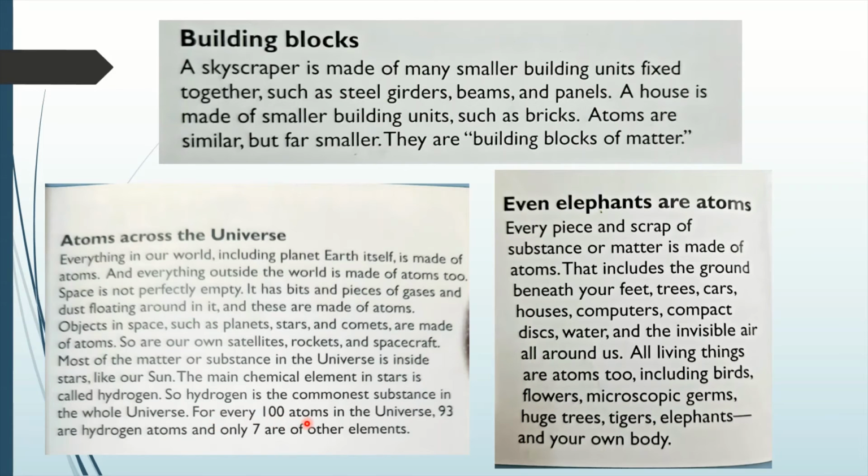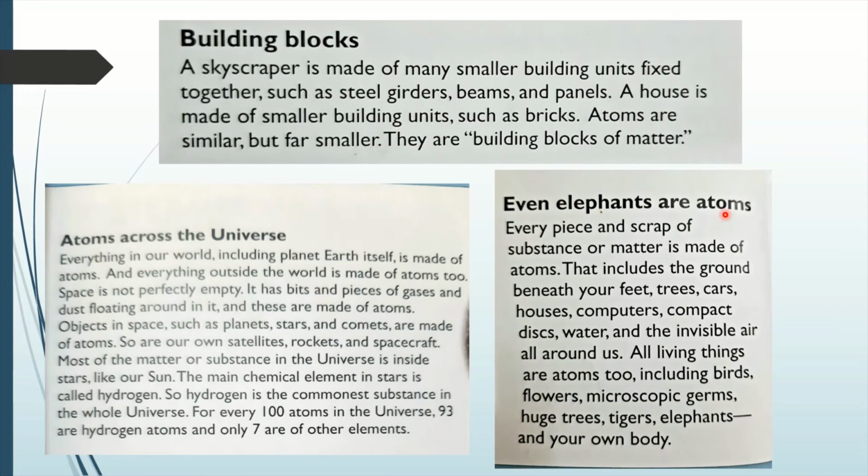For every 100 atoms in the universe, 93 are hydrogen atoms and only 7 are other elements, because the main chemical element in stars is hydrogen.